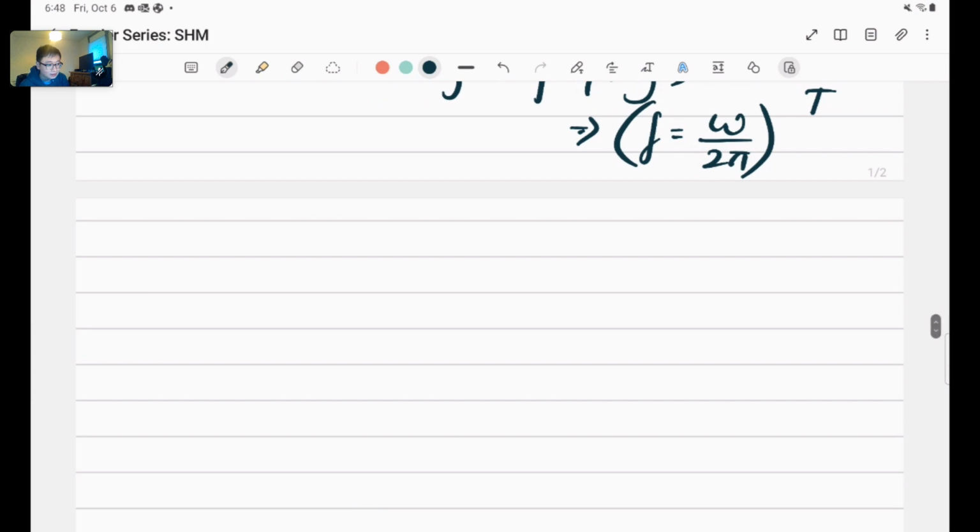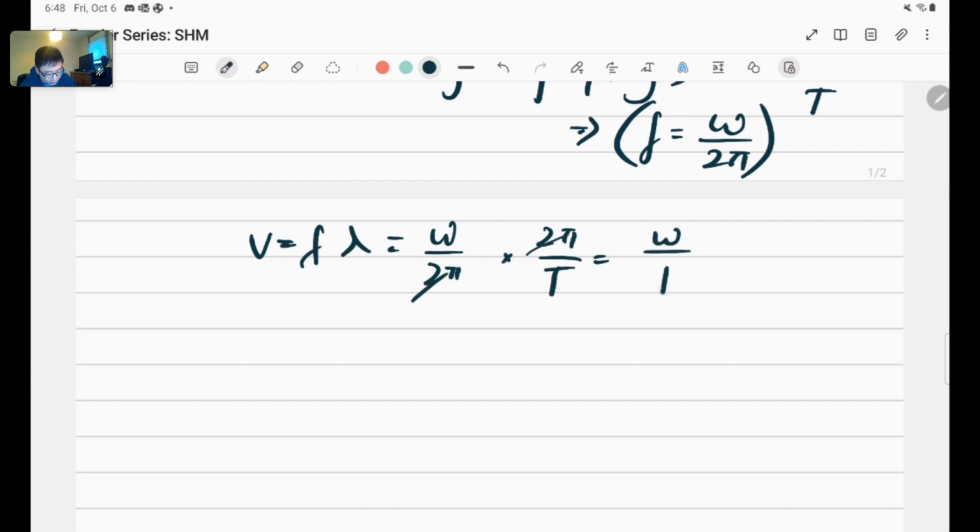I'm talking about the speed, I don't mean the velocity, because we don't get the direction here. In terms of speed, we have v equal to f times lambda. This one is omega over 2 pi, times 2 pi over k, so this all cancels out, and you have omega over k. So that's how you find the speed.